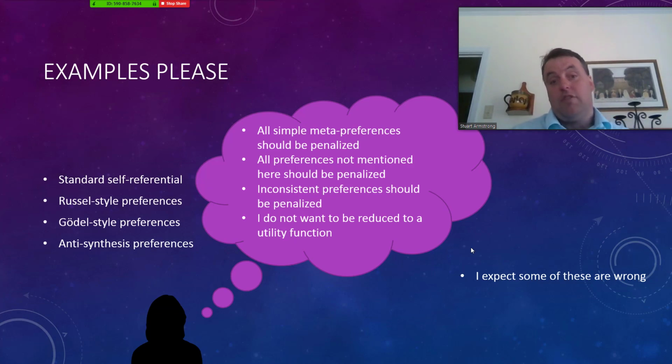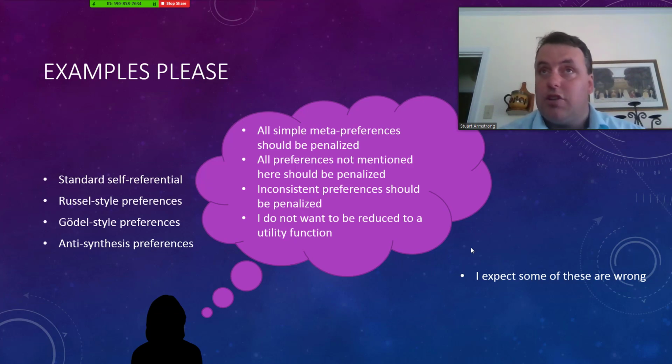All preferences not mentioned here should be penalized. Presumably there's a list that goes with it of preferences that are mentioned here. This sort of thing, all preferences that don't come from my study of the Bible should be penalized, is something that some people have, for example.